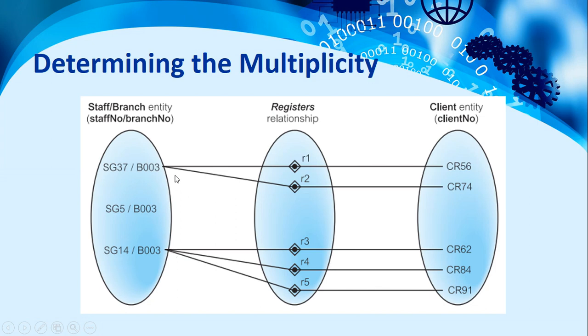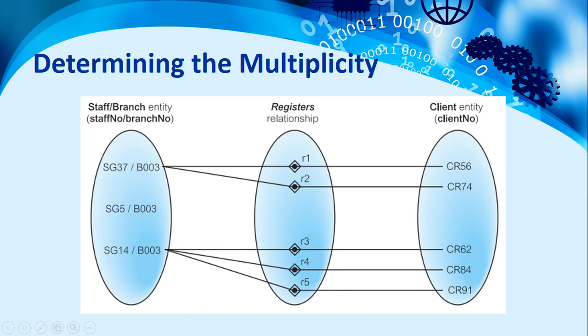For example, staff number SG37 at branch number 2 registers client numbers CR56 and CR74, whereas staff number SG14 at branch number 003 registers the client numbers CR62, CR84, and CR91.